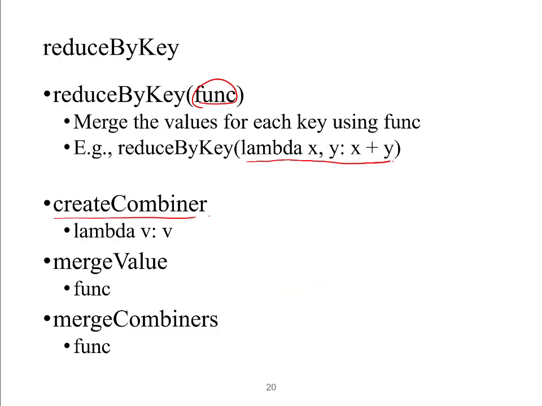For create combiner, it just uses V as it is. And for merge value and merge combiners, because the functionality is the same, no matter whether it is in the same partition or across different partitions, we use this input parameter func for merge value and merge combiners. So this is how we implement reduce by key based on combine by key.